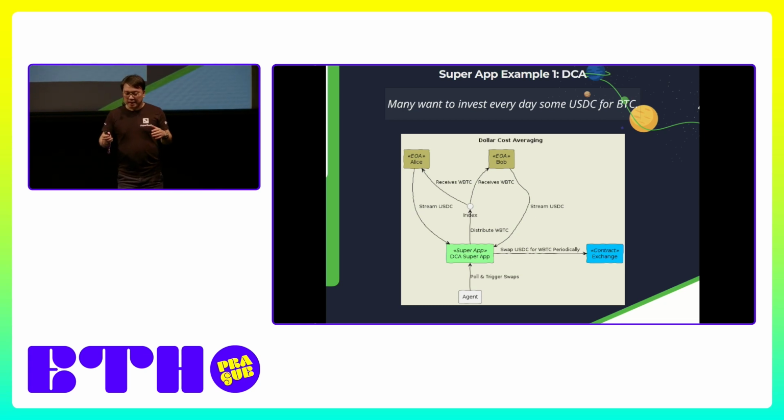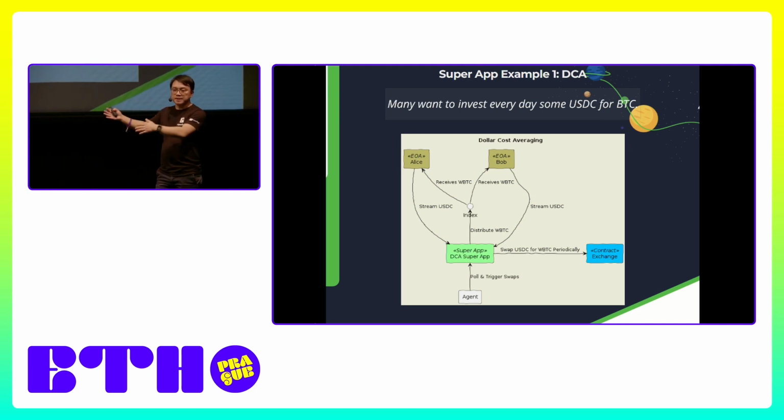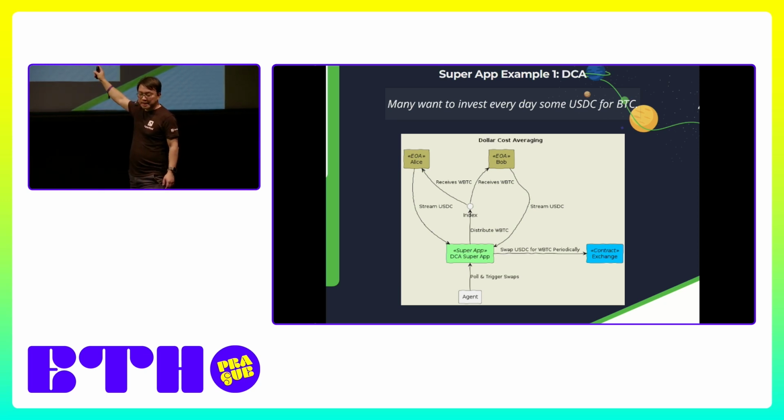The first super app example is a DCA, a dollar cost average. The idea is that many want to invest some USDC for BTC every day, for example. The way it's implemented is that when Bob streams USDC to this green box in the center, the DCA super app, it triggers a callback that calculates how much Bob should get in distributions on an ongoing basis.